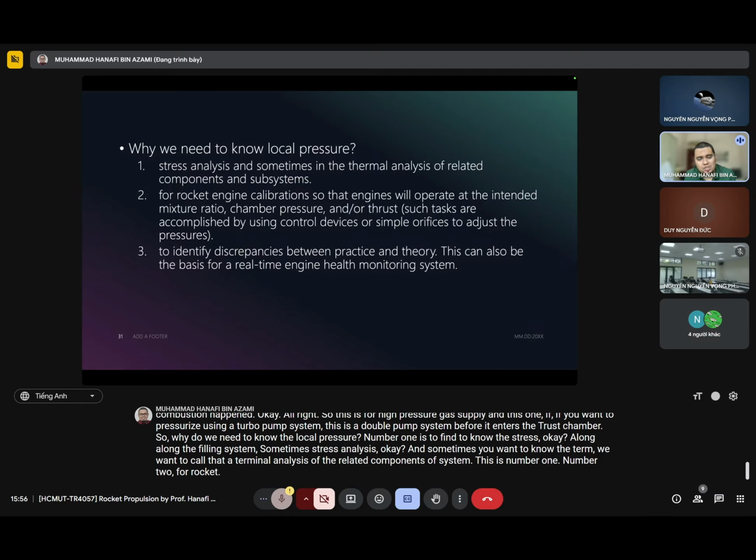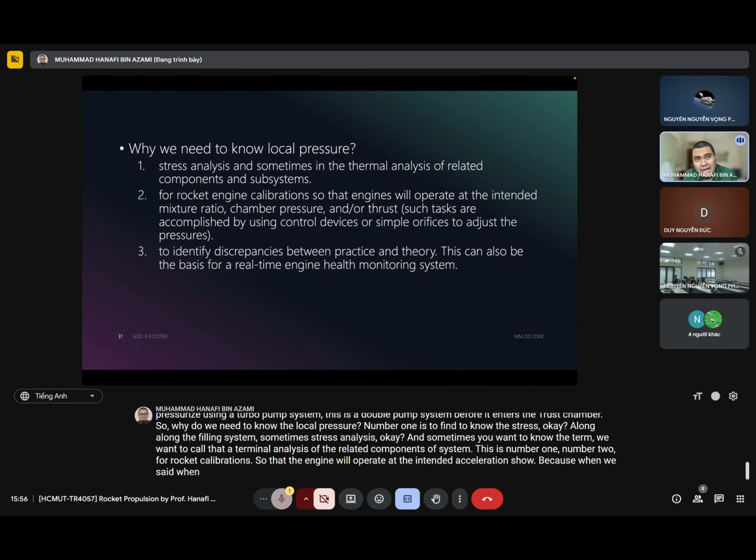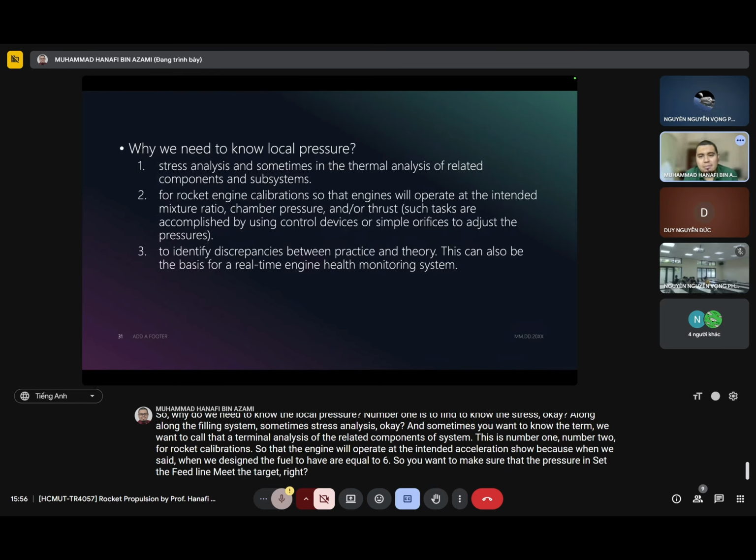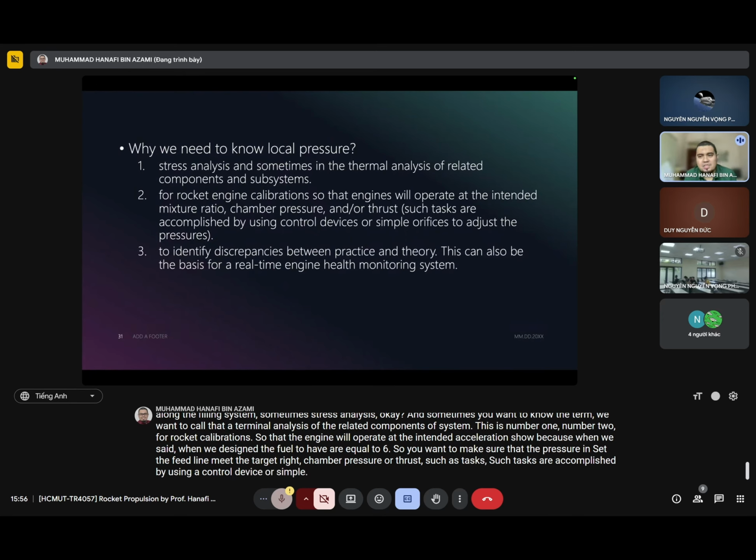Number two, for rocket calibration, so that the engine will operate at the intended mixture ratio. When we designed the fuel to have R equal to 6, we want to make sure that the pressure inside the feed line meets the target. Chamber pressure or thrust tasks are accomplished by using a control device or simple orifice to adjust the pressure.